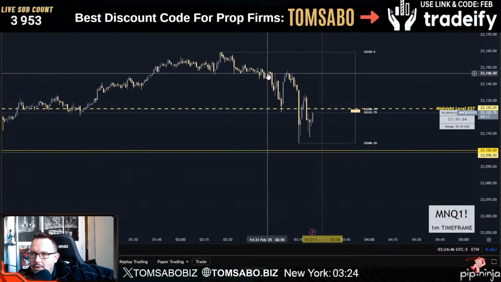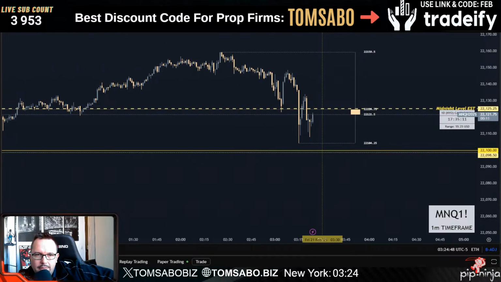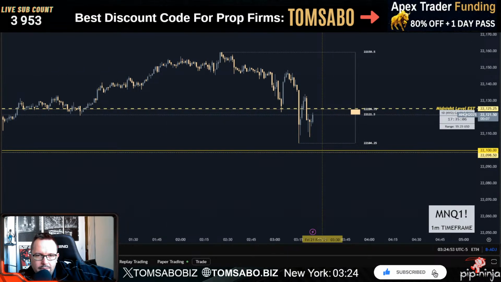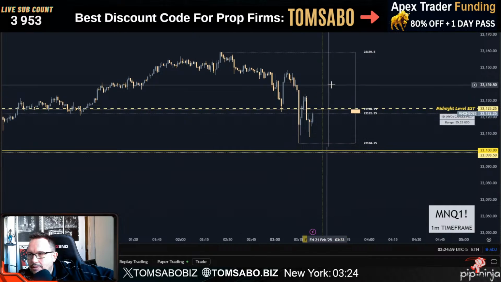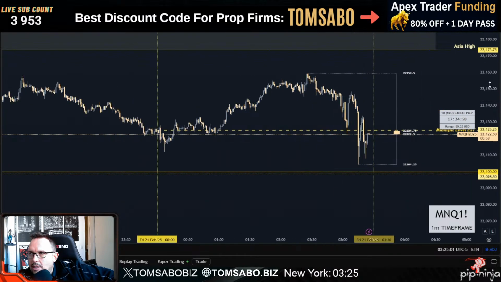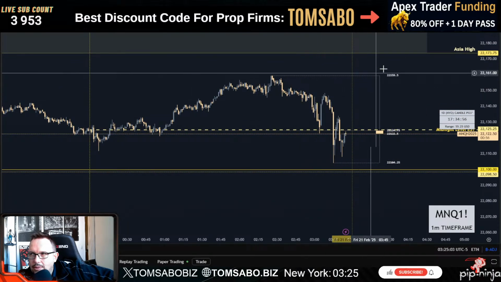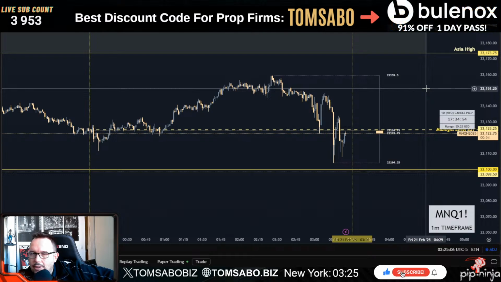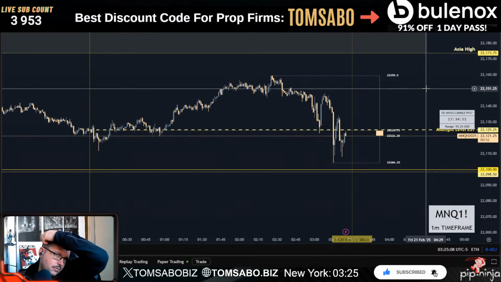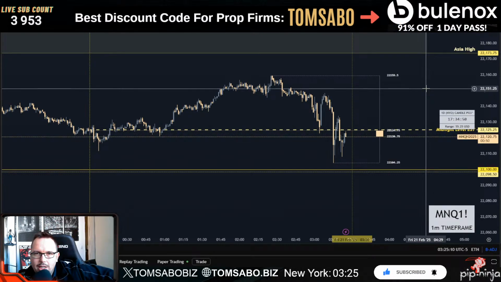Let's see how far it will go. Dart Trader says looking for Asia High. It might be. I mean, we do have that beautiful fair value gap up there. Looking absolutely astonishing.